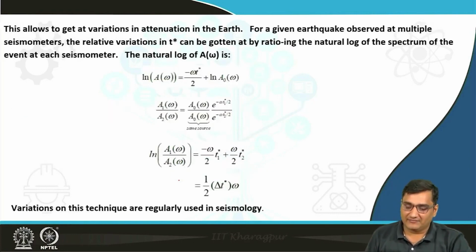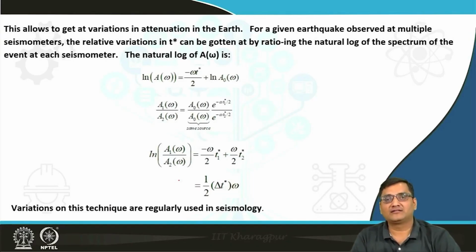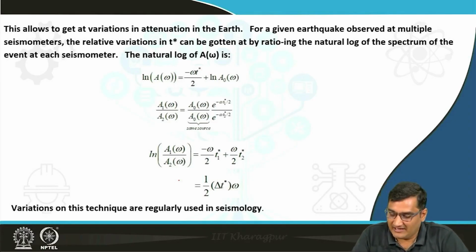And this basically allows us to get at variations in the attenuation in the earth, and for a given earthquake observed at multiple seismometers, the relative variation in t star can be gotten at by ratioing the natural log of the spectrum of the event at each seismometer.